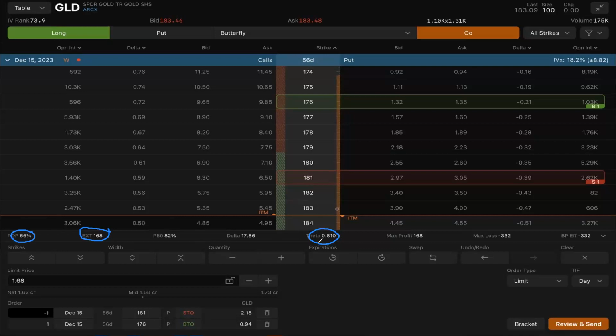So all of those are matching what we are looking for, and premium is also matching exactly what we're looking for, which now takes our max profit to $168 and our max loss to $332.